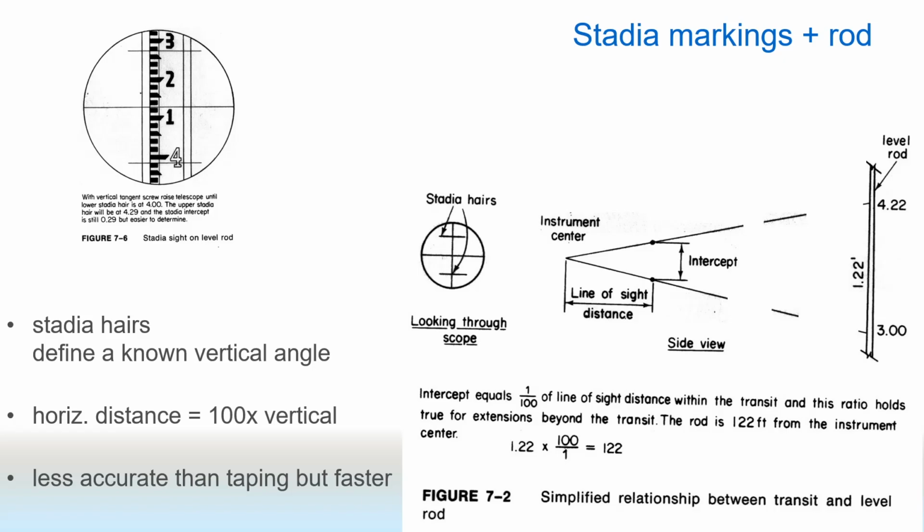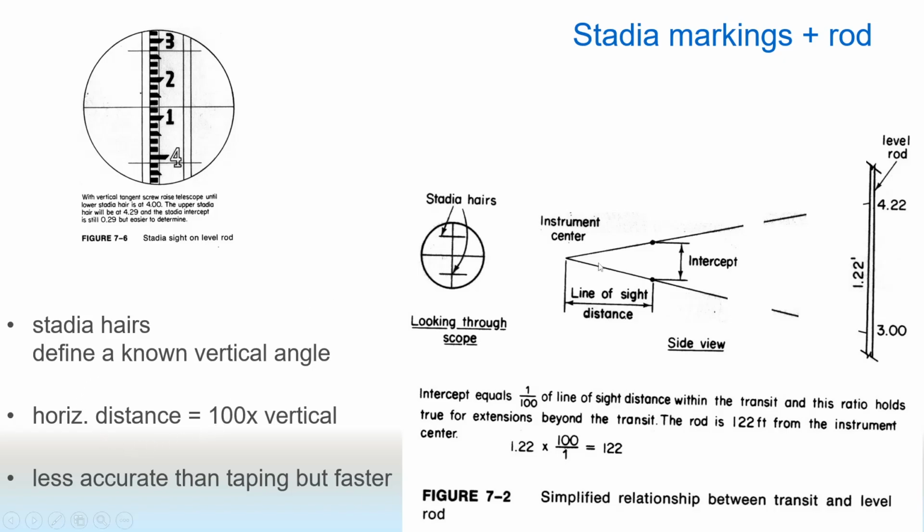Stadia markings and rod. With the vertical tangent screw, raise the telescope until the lower stadia hair is 4.0. The upper stadia hair will be 4.29, and the stadia intercept is still 0.29, but easier to determine.